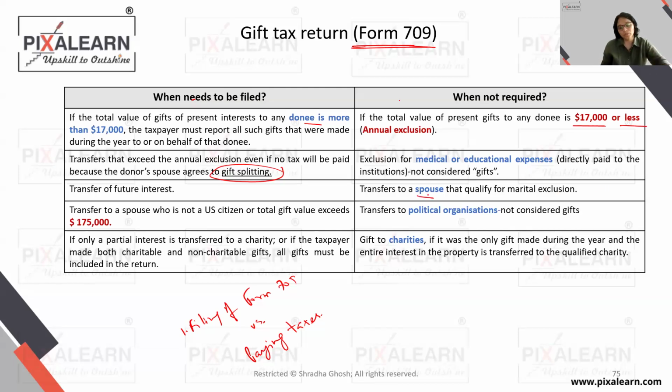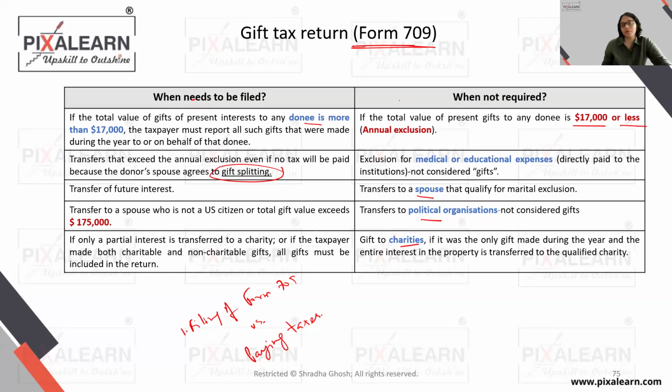Any gift to the spouse is outside the gift tax return. Any gift to political organizations is not regarded as a gift, so you will not report it in Form 709. And if you're making a gift to charities during the year, then if it's an irrevocable charitable gift, you don't have to file the Form 709.